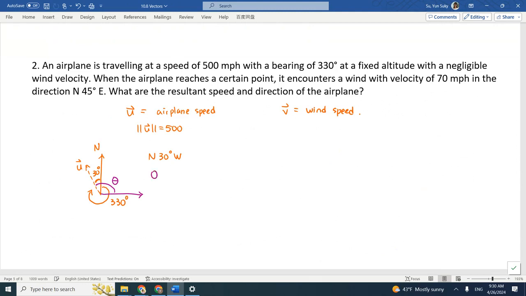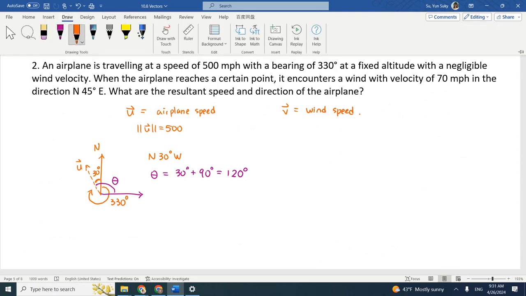So theta, look at this picture, is 30 degrees plus 90 degrees, so 120 degrees. So our theta in definition is always from the positive x-axis.